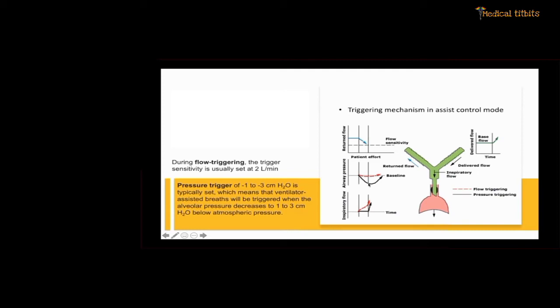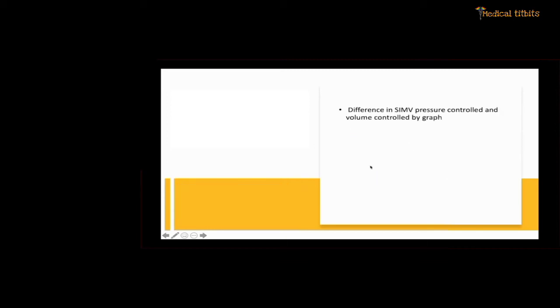When it comes to pressure triggering, when the pressure tracing comes down, maybe if you set -2 centimeters of water from the baseline, if it is pulled down to -2, then the next assisted breath is triggered. For flow triggering, we usually keep 2 liters per minute.